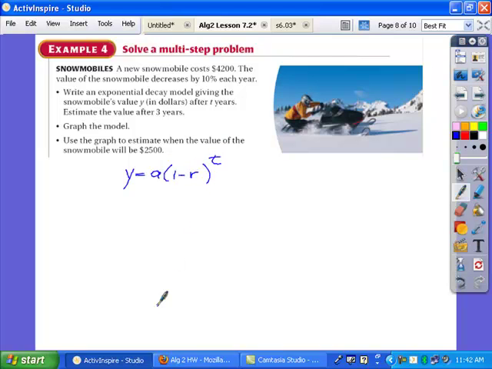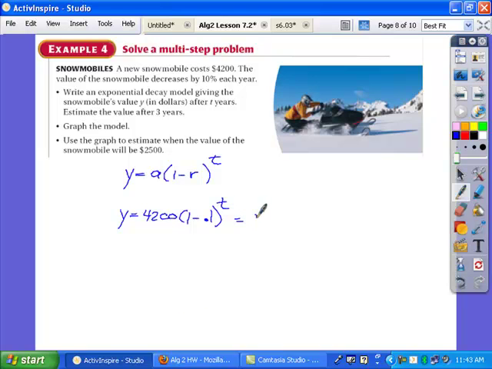So y equals 4,200 times (1 minus 0.1) all to the t power. One minus 0.1 is just 0.9, so we could just think of it like that.